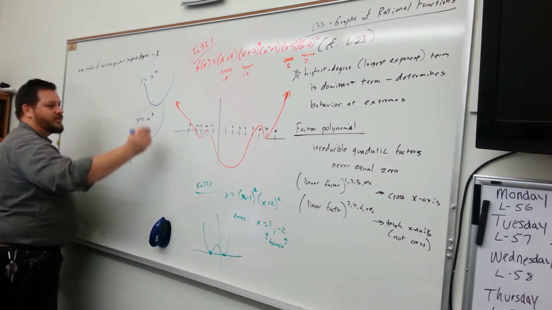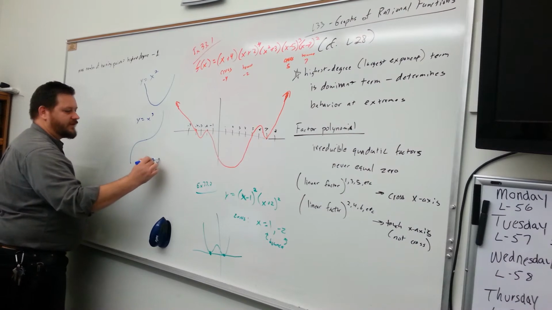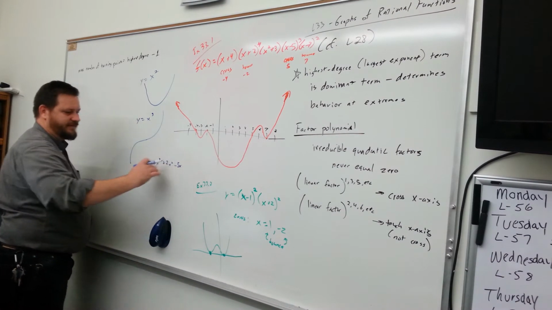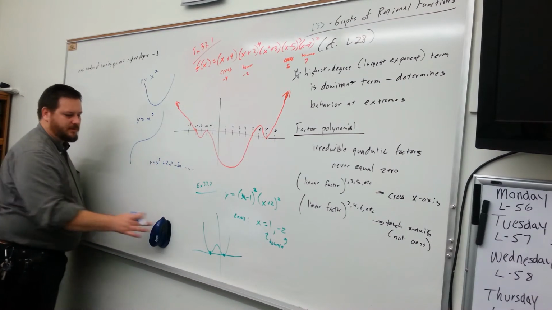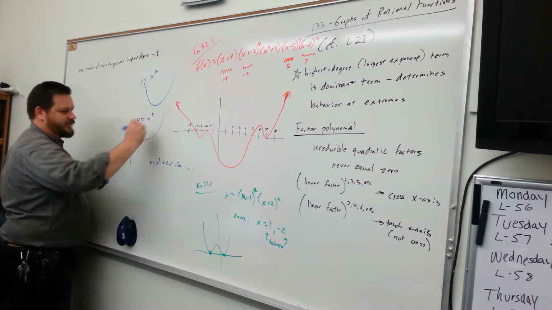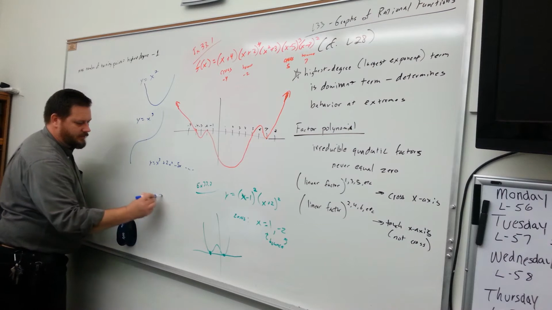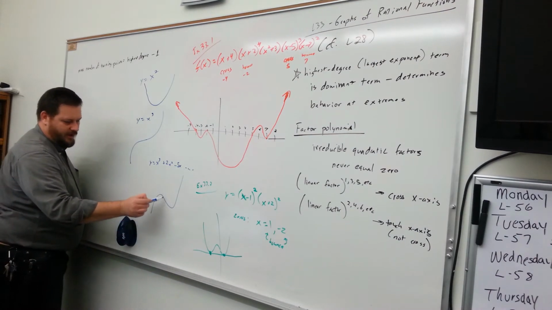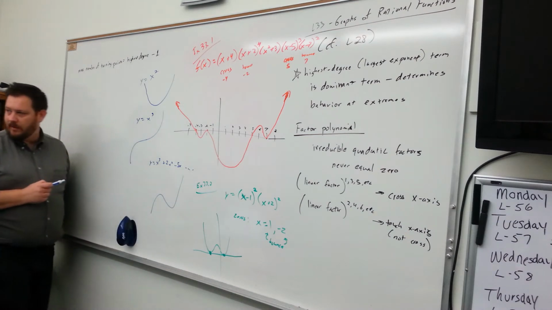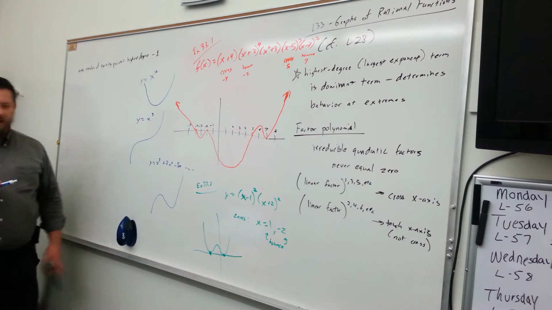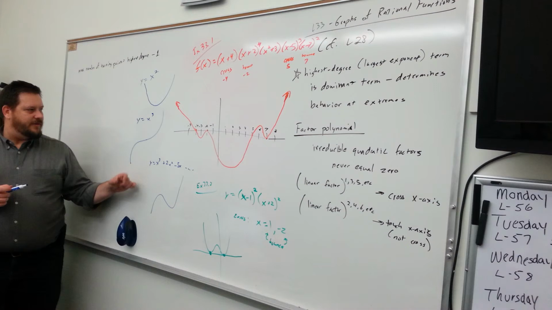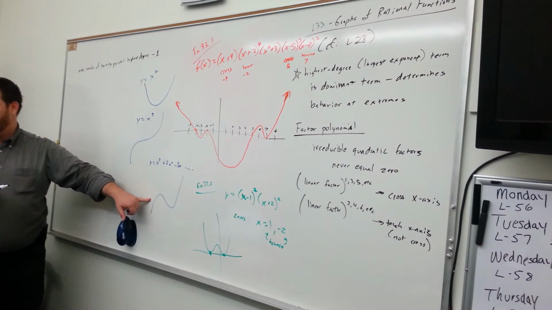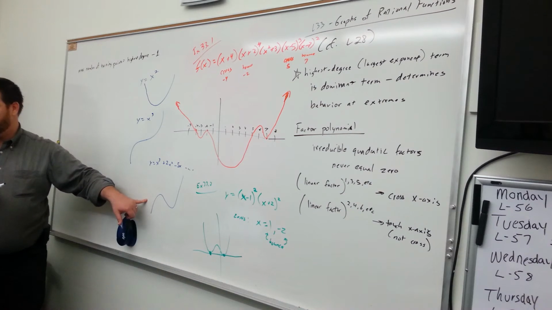Now, if there were other terms here, if it was y equals x cubed plus 2x squared minus 5x, then instead of just leveling off here, it might do this. It might have a turning point and then another turning point before it goes back up. So depending on what exactly it is, there might be only one turning point, but there could be two. Can't be any more than that.